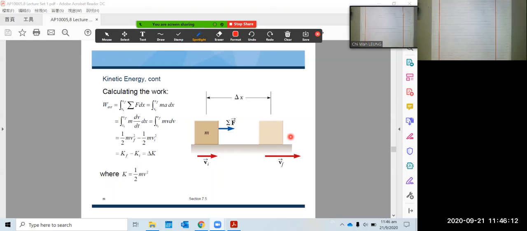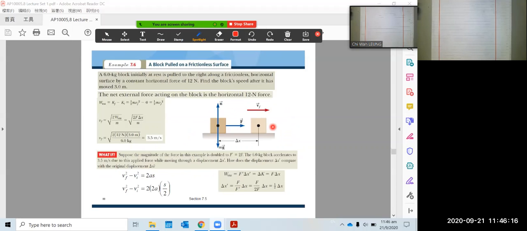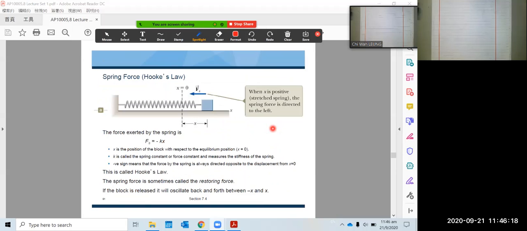And of course, you have the kinetic energy as well as the potential energy. In particular, we have introduced the elastic potential energy. So that is coming from the elastic force due to the extension or contraction of a spring. And the spring force is proportional but opposite in direction to the displacement.